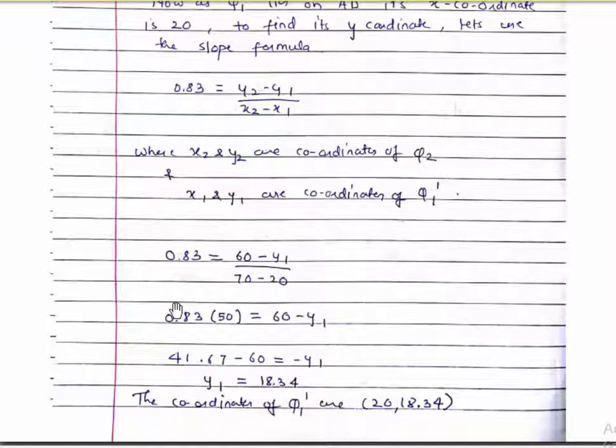Then we perform the same operation. 0.83 we multiply with 70 minus 20, which is 50, that is equal to 60 minus y1, and we get y1 is equal to 18.43. This is how we find out the coordinate of Q1 dash is 20, 18.43. So this is how we perform the Cohen Sutherland line clipping operation.